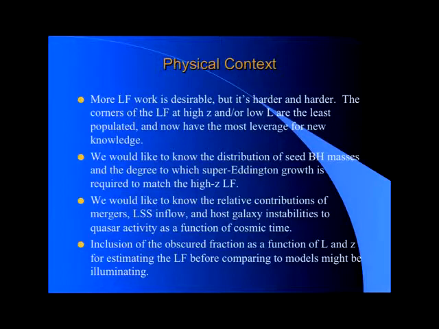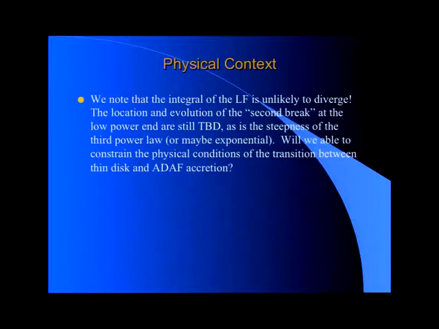It would be interesting, and could be done, to include some prescription for all quasars, including the obscured ones, before you start fitting to models, and that may be informative in and of itself. We also note that the integral of the luminosity function, even if you fit it with a relatively steep power law, isn't going to diverge.